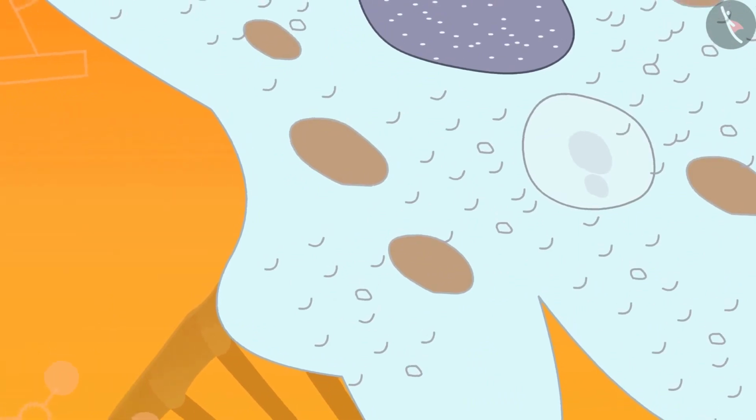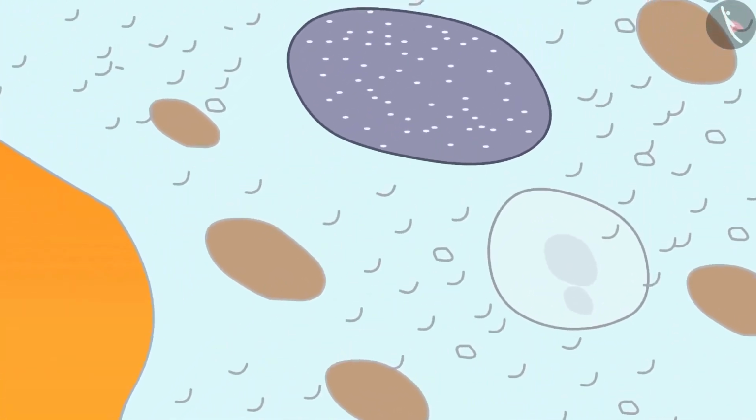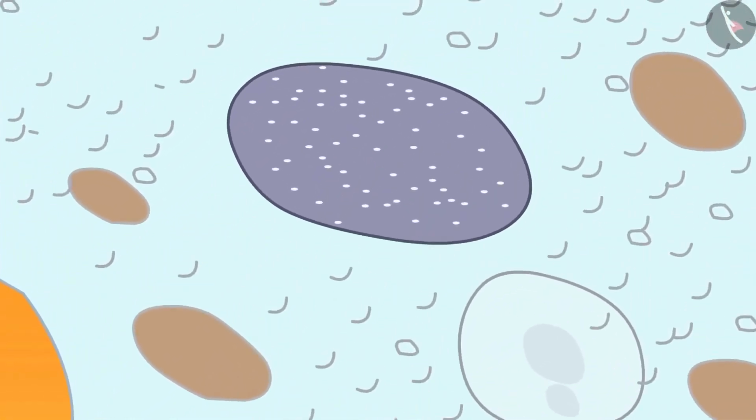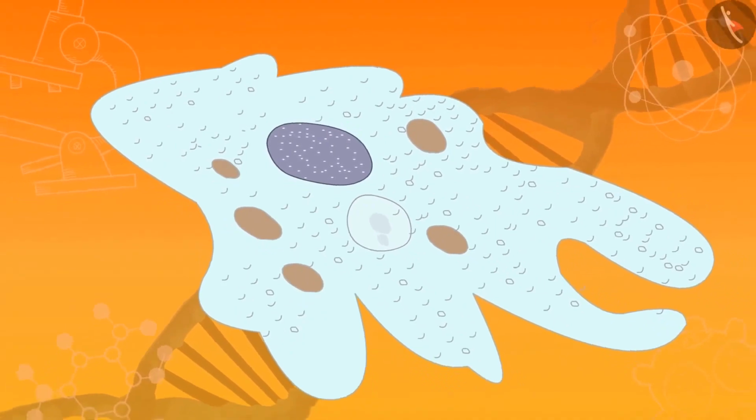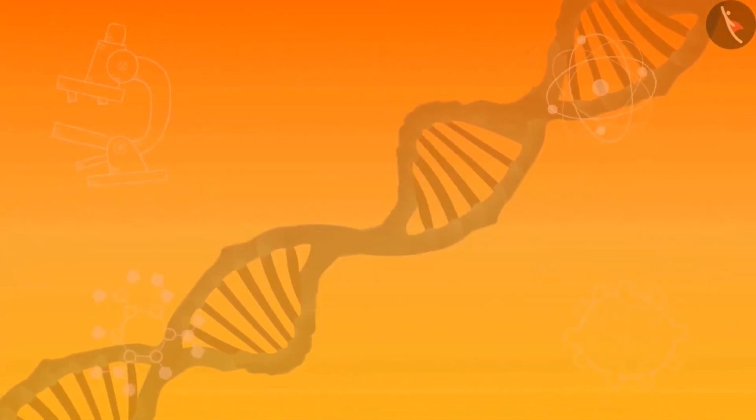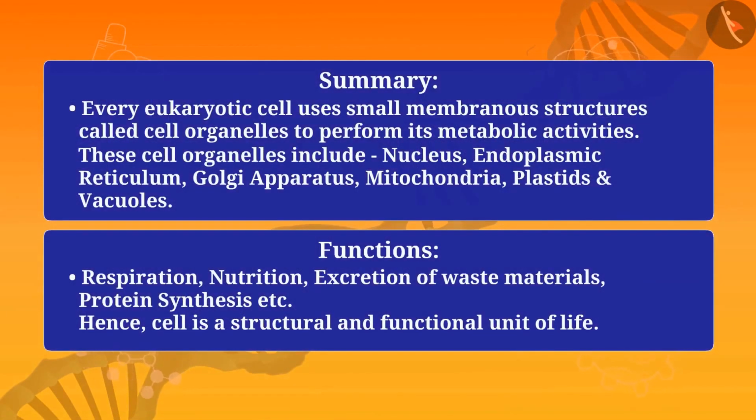In some unicellular organisms, specialized vacuoles also play important roles in expelling excess water and some waste from the cell. So, in this video, we learned about different cell organelles like nucleus, endoplasmic reticulum, Golgi apparatus, mitochondria, plastids, and vacuole.